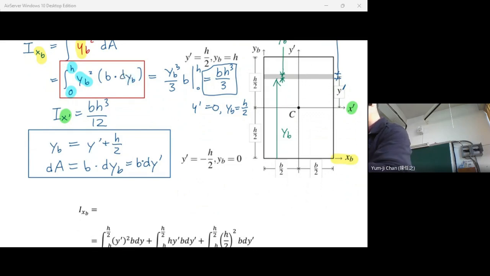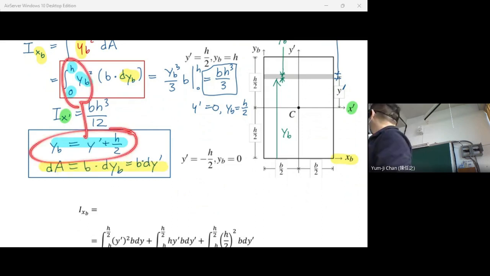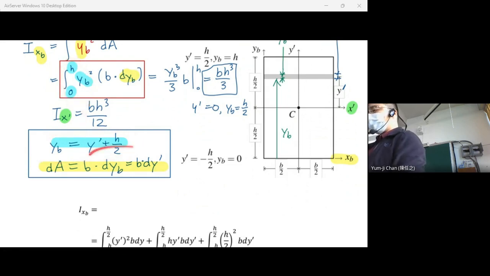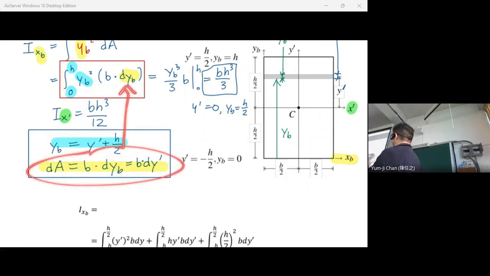Should I use two colors here? We use the blue equation to replace these three, and we use the yellow equation to replace this. So what do we have?